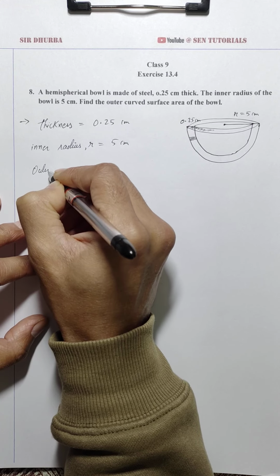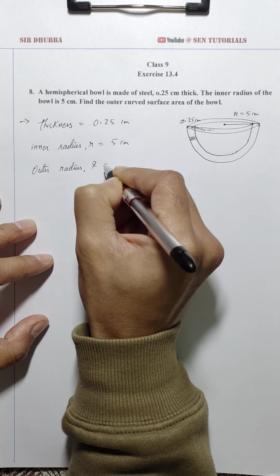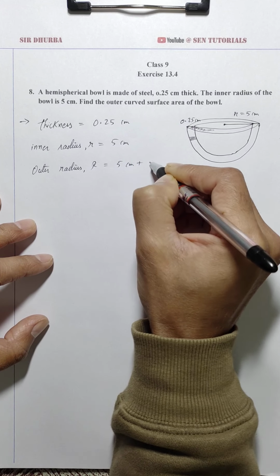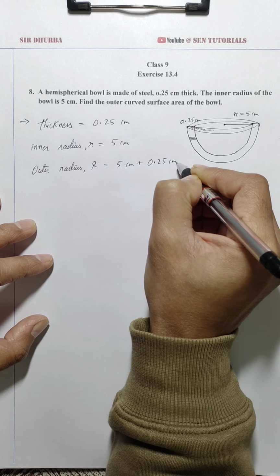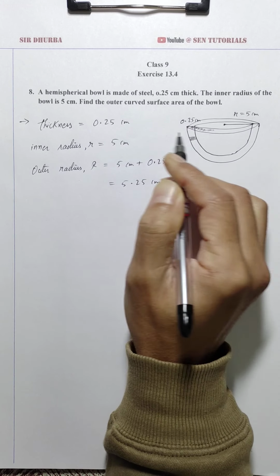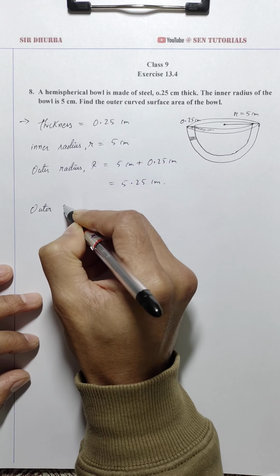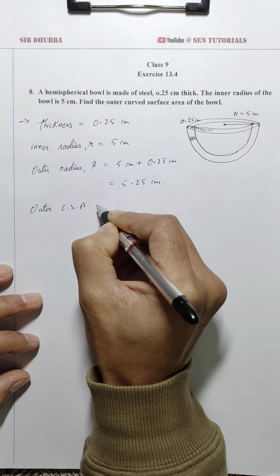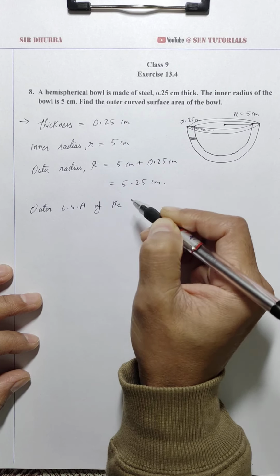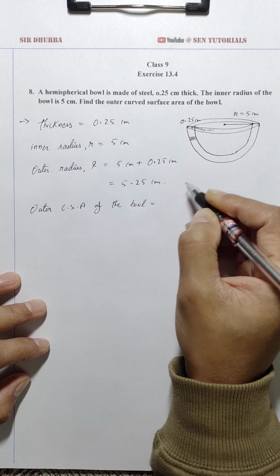So outer radius, if we just keep it short, that will be 5 centimeter plus 0.25 centimeter. So that will be 5.25 centimeters. So find the outer curved surface area of the bowl. So that will be outer curved surface area of the bowl. That will be curved surface area of hemisphere.